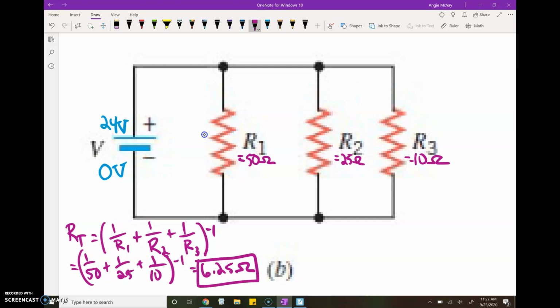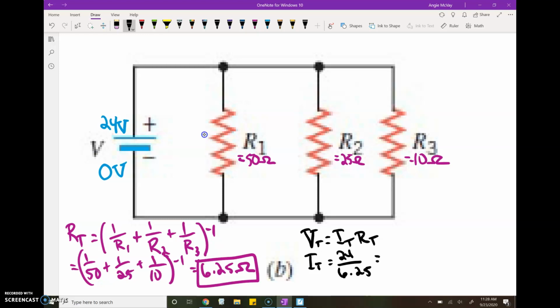And so if we then apply V equals IR, V total equals I total times R total, we can get the total current is equal to the total voltage across the power supply, which is 24 volts over 6.25.